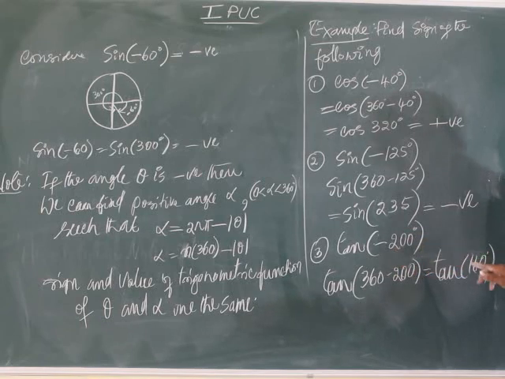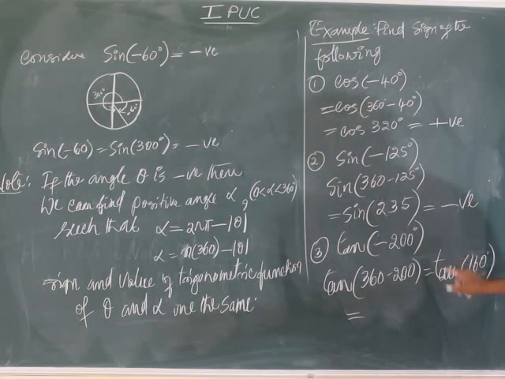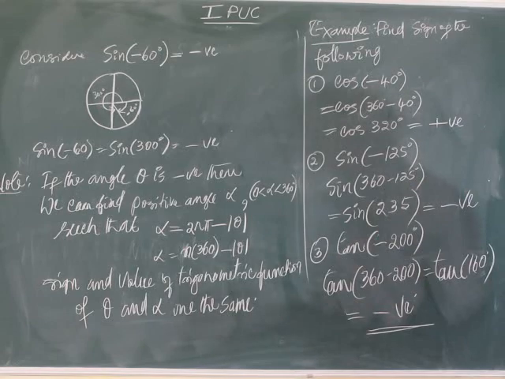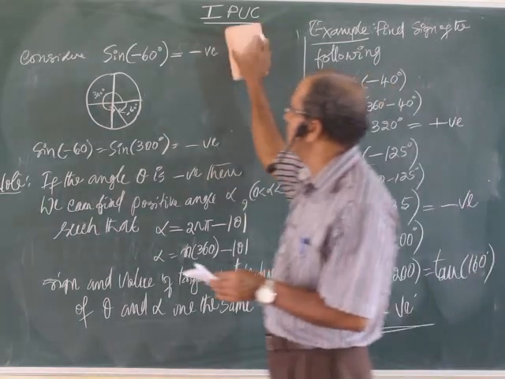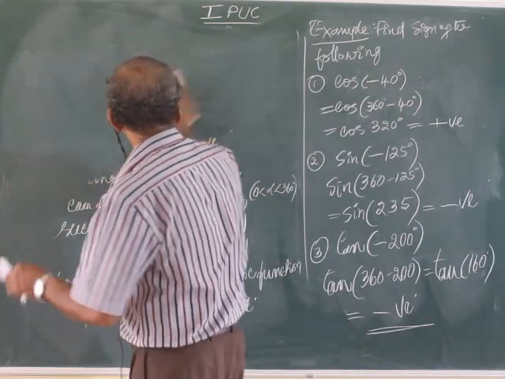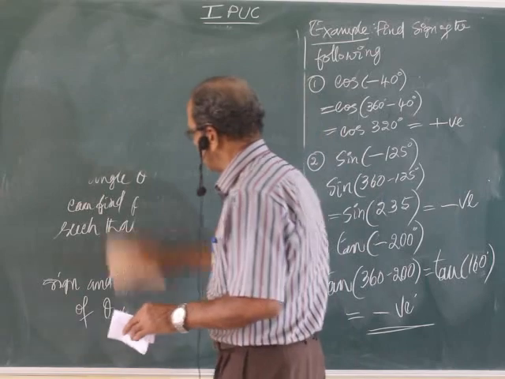Minus 200 and plus 160 are one and the same angle. Therefore, it is second quadrant, tan is minus. Any number of problems can be taken, but the important thing is that you must understand all the theory behind this one clearly.